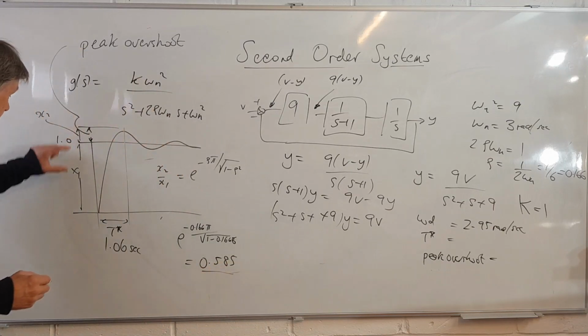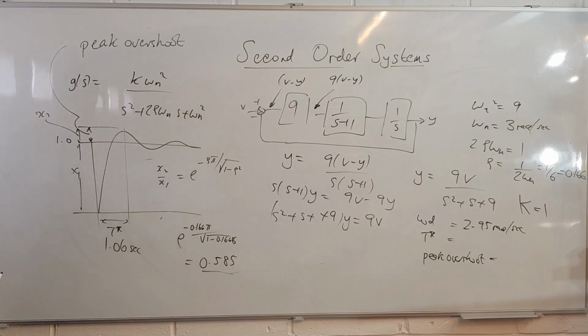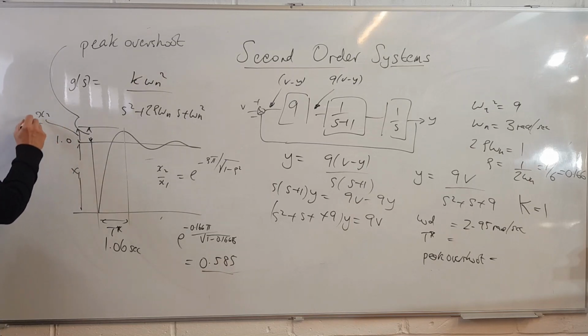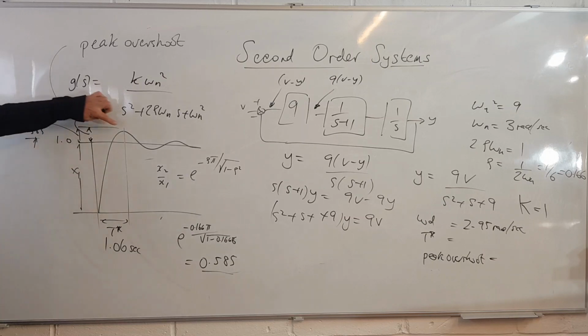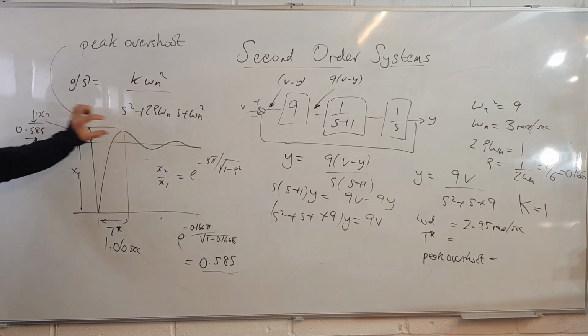So that means if this is 1, this will be 1.585. So that distance there is 0.585. So the peak overshoot, if this is going from 0 to 1, it would end up at 1.585. So it's got quite a big overshoot in this particular system.